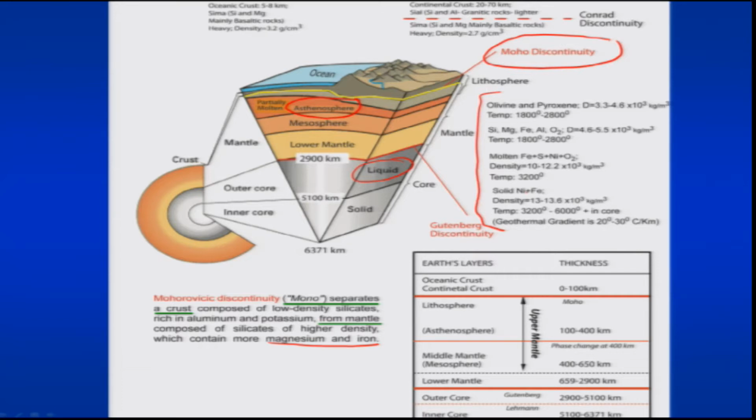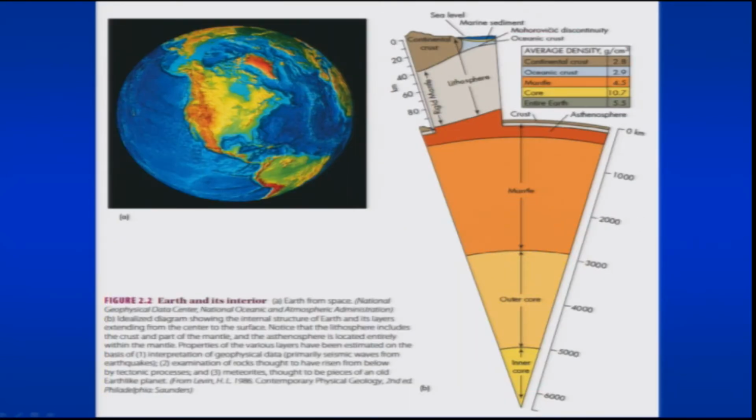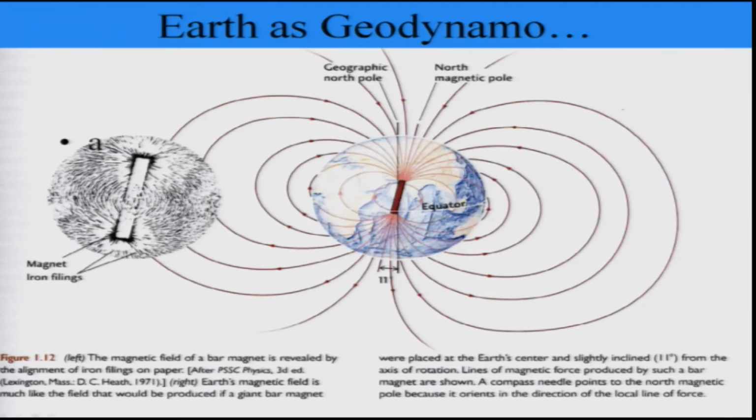This section talks about the density of the Earth's interior, starting from the crust, including continental and oceanic crust, then the mantle, core, and the entire Earth. The entire Earth average density is around 5.5 g per cubic centimeter.